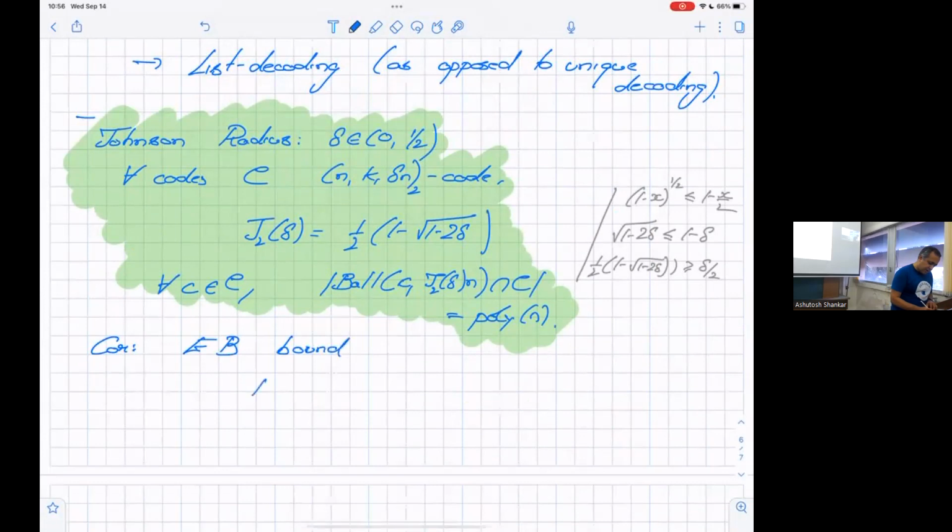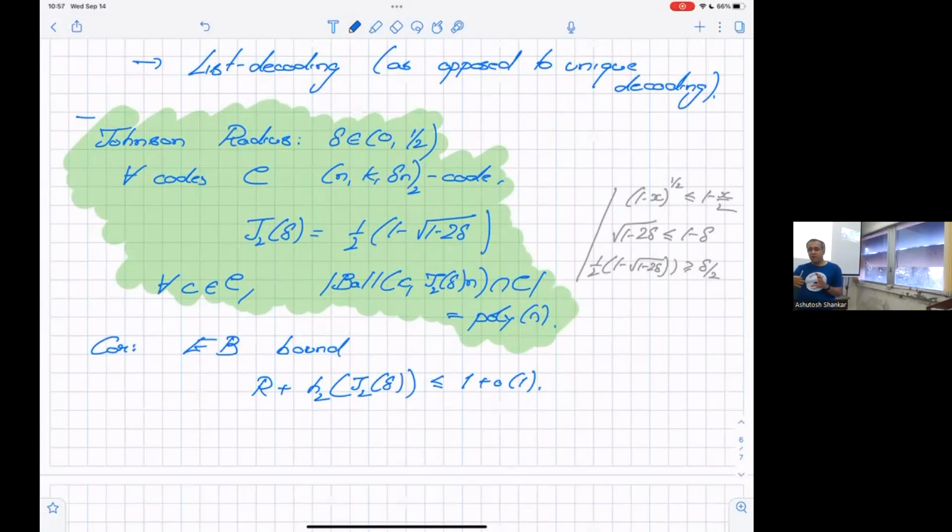Which says R plus H2 of J2(delta) is at most 1. I could have replaced the Hamming bound, which had delta by 2, with J2(delta), because J2(delta) is a number. Notice that for different codes it could be different, even larger. All the Johnson radius is guaranteeing is that up to this point it's polynomial.